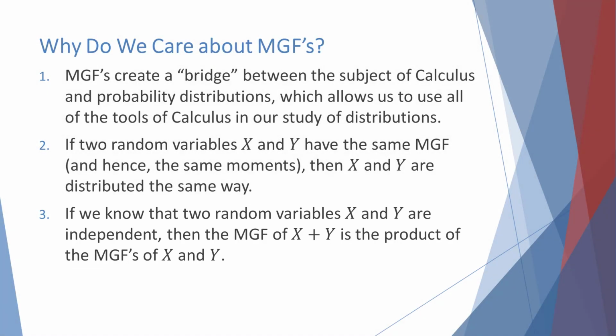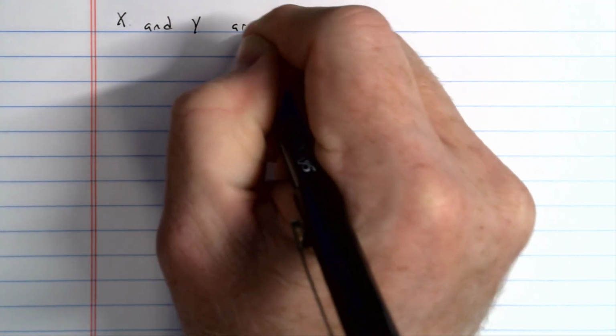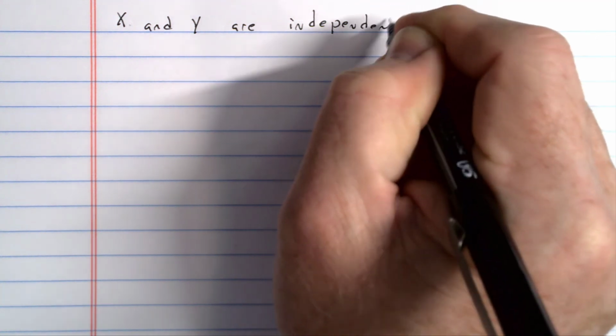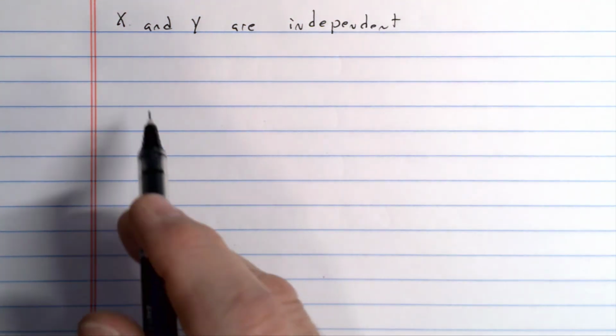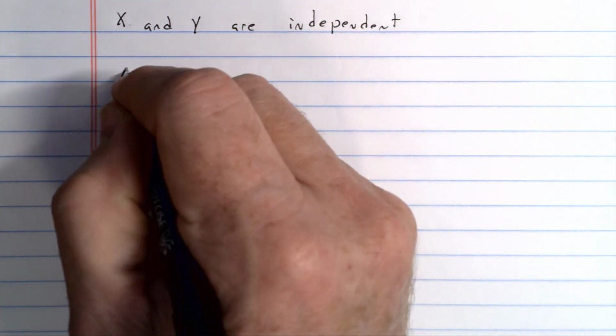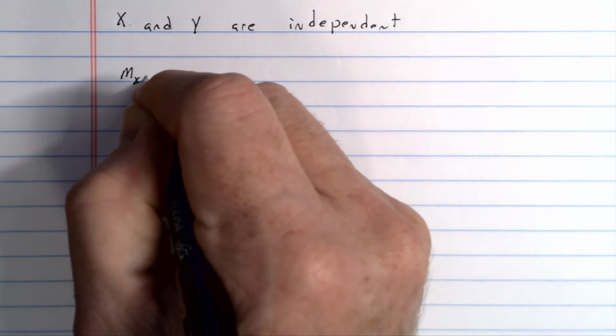Now, it may not be apparent why the moment generating function of x plus y would be the product of the moment generating functions of x and y. So let's take a look and see how this works. So we start off assuming x and y are independent. Now the quantity x plus y would be a new random variable. So we're going to look at the moment generating function of x plus y.